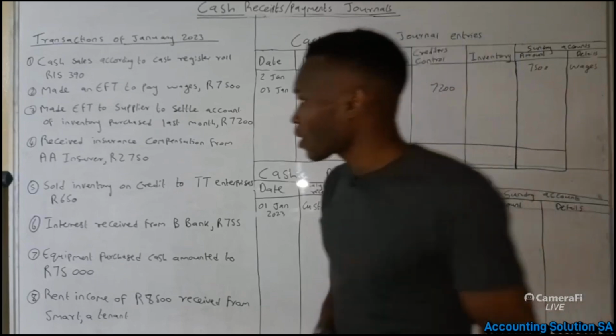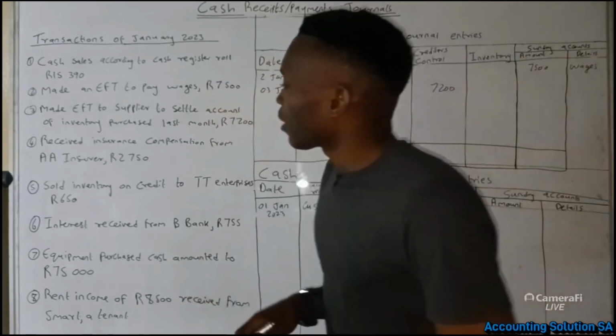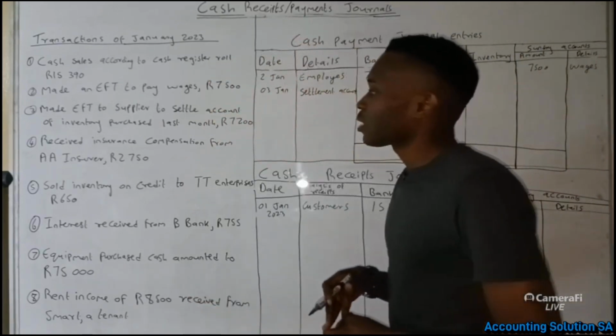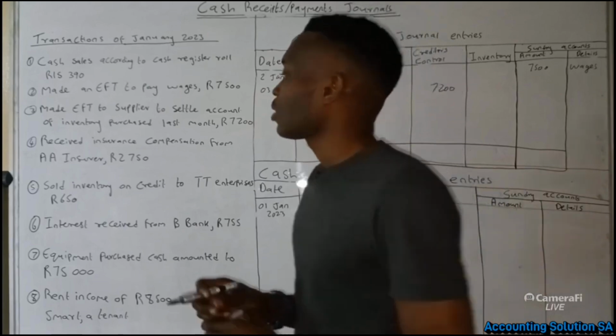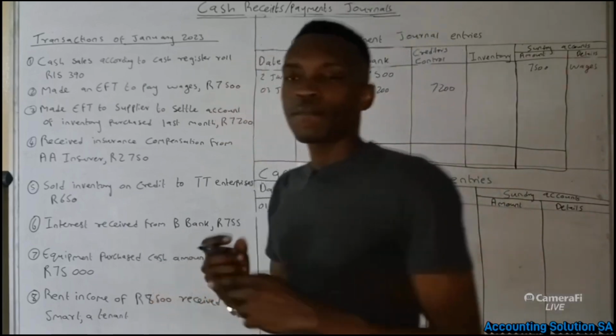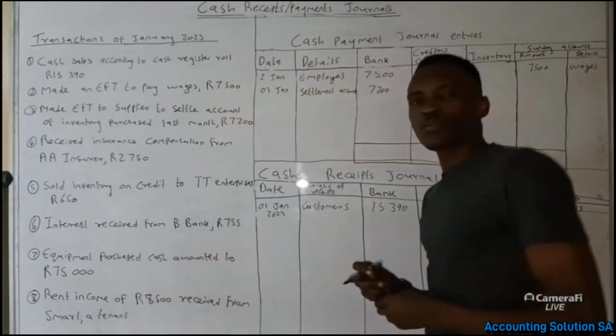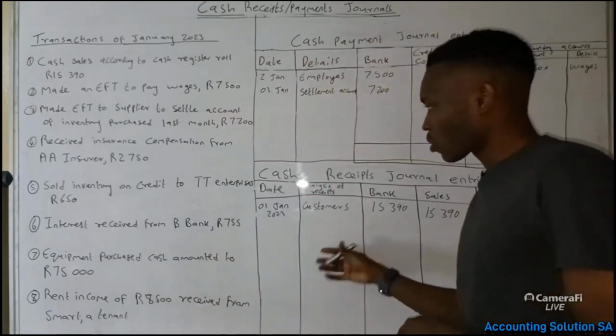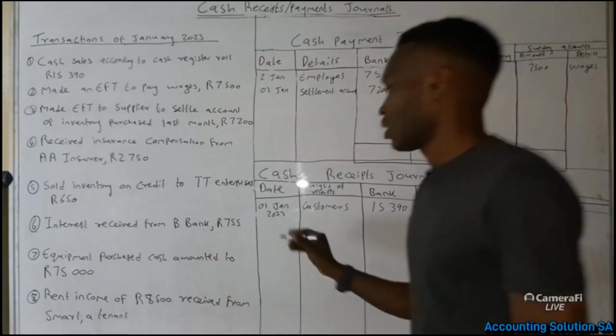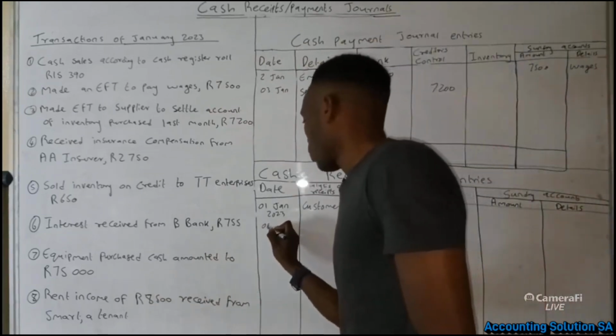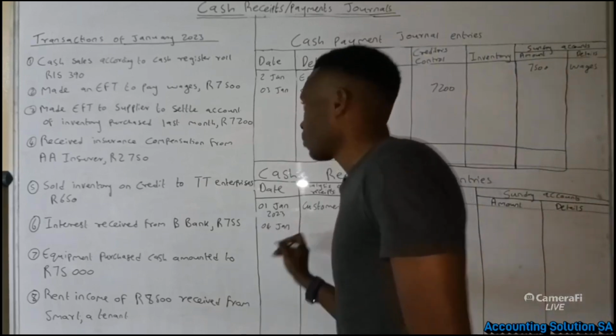All right, the following one, they said received insurance compensation from AA Insure of 2,750. This is the amount that we receive, which means that we're going to go to cash receipt journal. Okay, it's on 4 January.